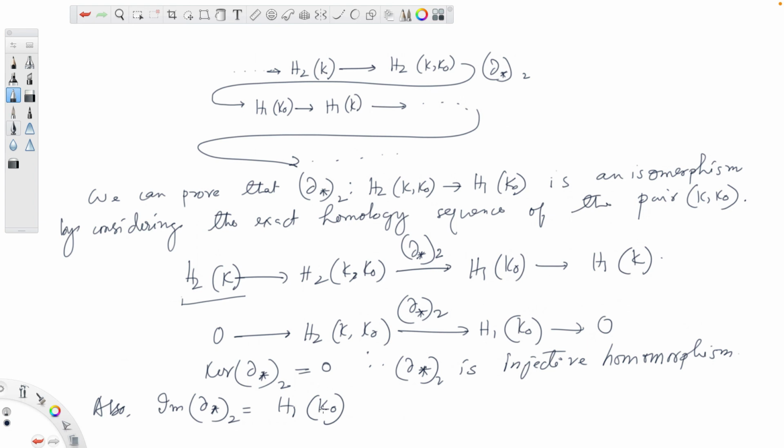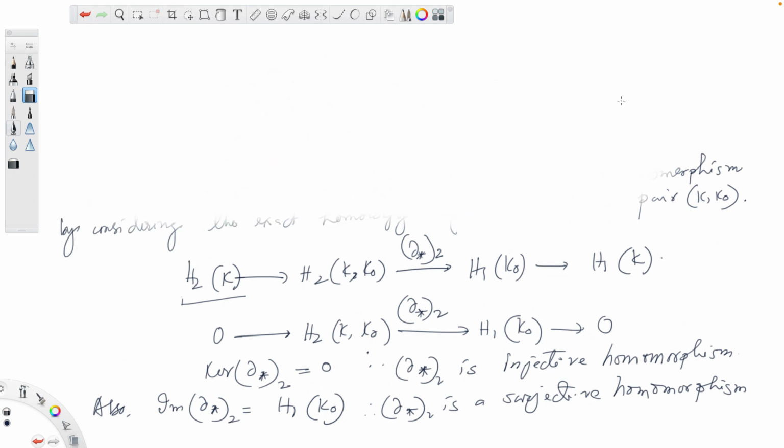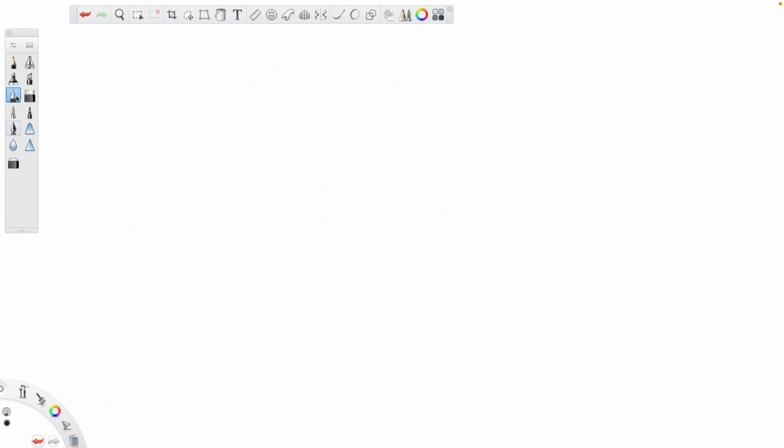So del star 2 is a surjective homomorphism, which implies that del star of 2 is a bijective homomorphism, or simply an isomorphism.